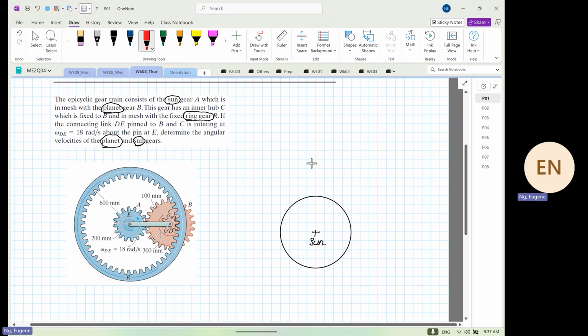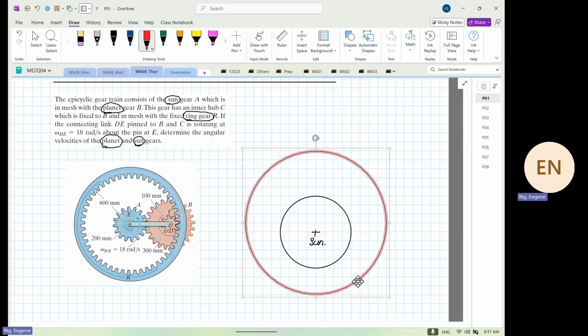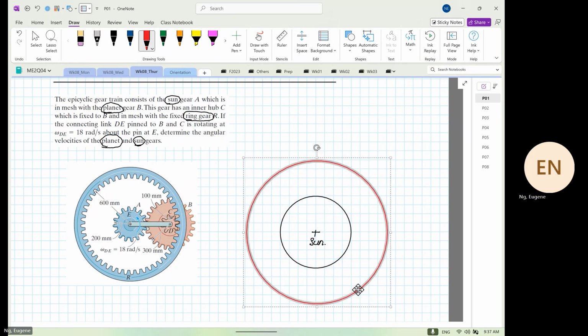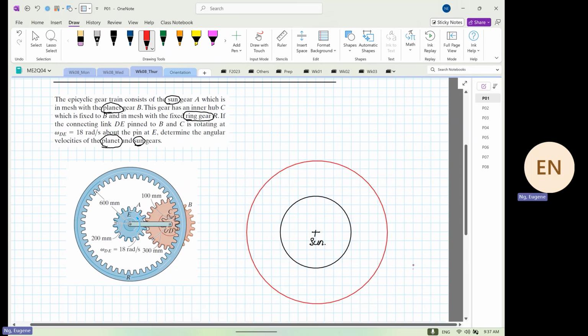And then around the sun, you have what we have over here. If I could draw it. Somehow this is not to scale, it's fine. I will shift it. Okay.